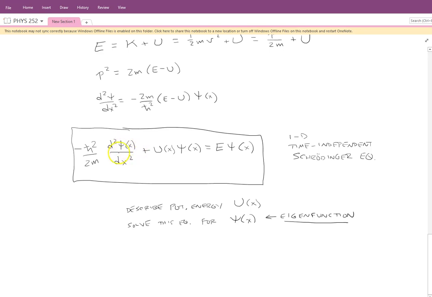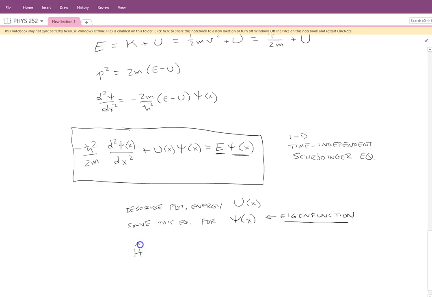The operation is you take the second derivative with respect to x, multiply by minus h bar squared over 2m, and add to that the product of the potential energy times psi of x. So this whole left side is an operation on the function psi of x. What you will get out when you do that operation is a constant times the original function.